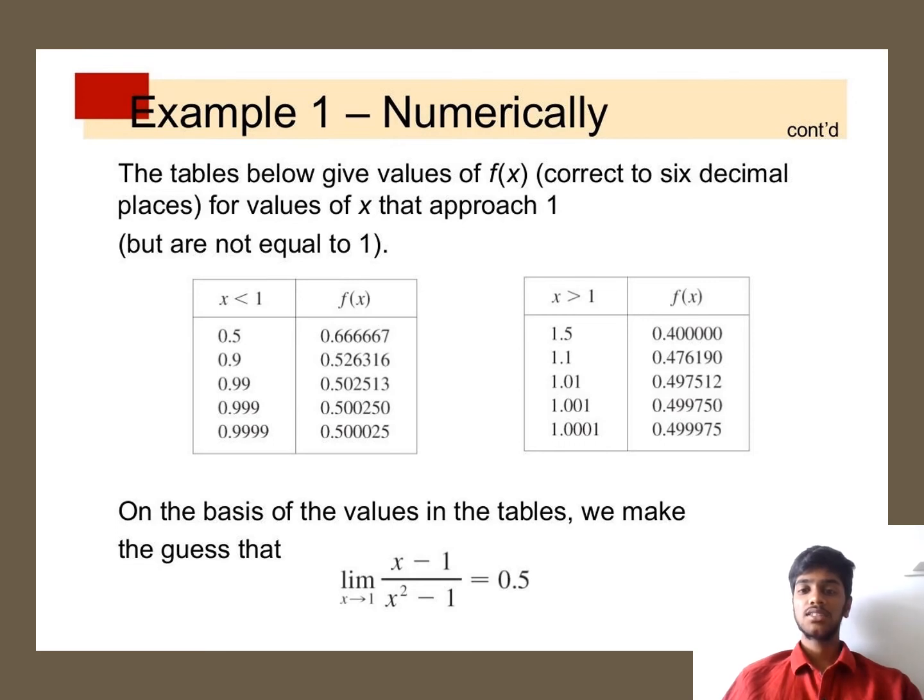If x is 1.0001, then f of x is 0.4999. On the basis of the values in the tables, we make the guess that the limit as x tends to 1 of (x minus 1) divided by (x squared minus 1) equals 0.5.